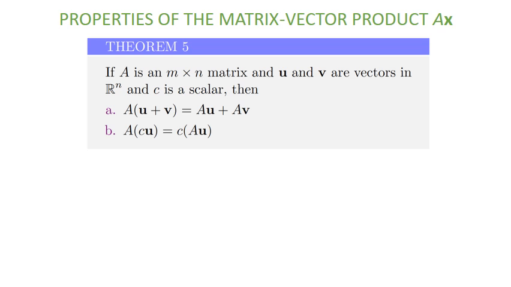The last thing I want to show you here is Theorem 5. Basically, it is summarizing everything that we've talked about. If we want, we can rewrite this as follows, and same type of thing with the scalar.